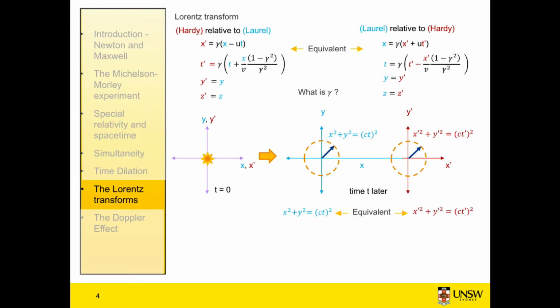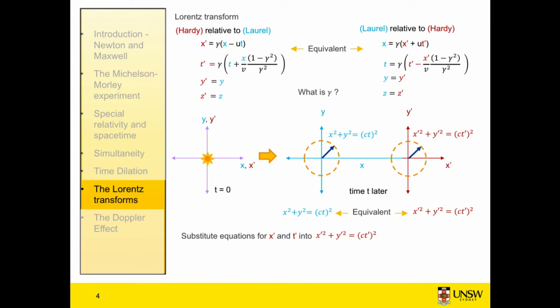And once again, because we know that the laws of physics must be the same in both reference frames, we know that these two equations must be equivalent. So what we do to find gamma is start with our equation x dash squared plus y dash squared is equal to ct dash squared, and we substitute into that equation our equations for x dash and t dash, so our Lorentz transform equations.